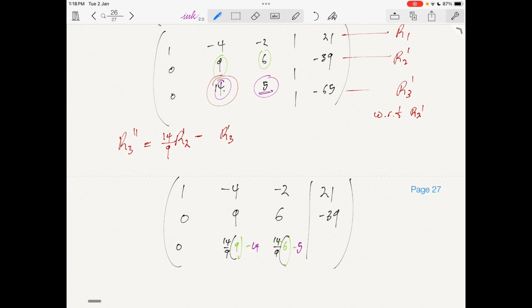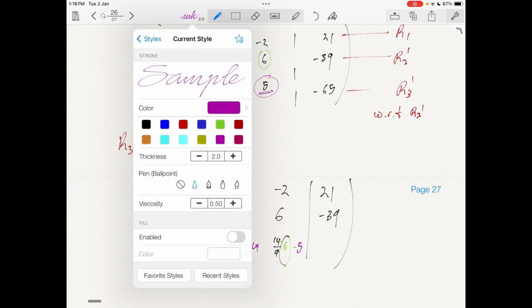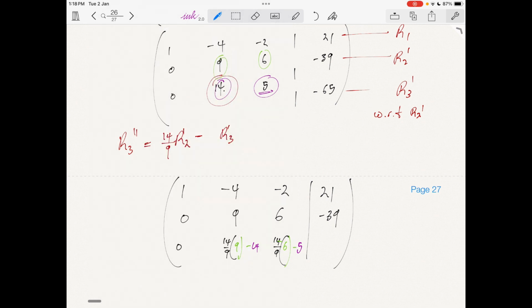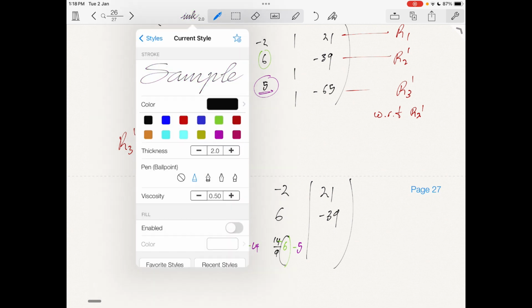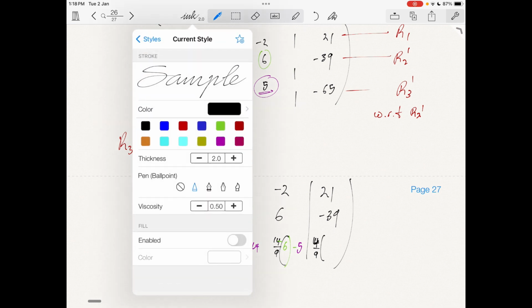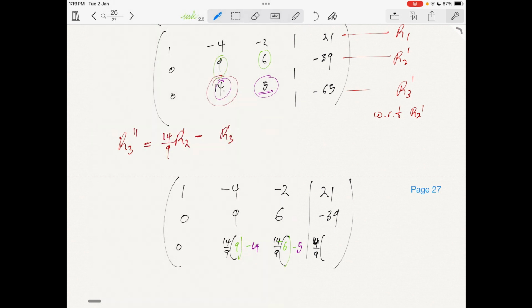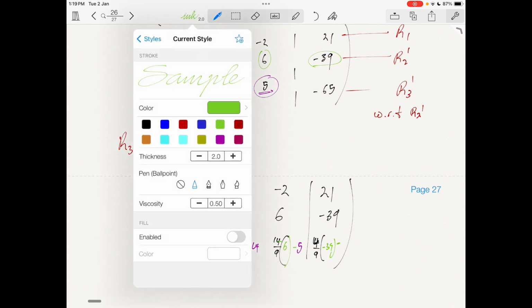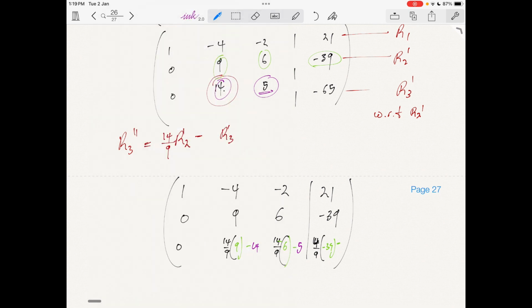Going further, if we repeat the same process, we have 14 over 9 multiplied by our row 2, which is minus 39, minus our row 3, minus 65.